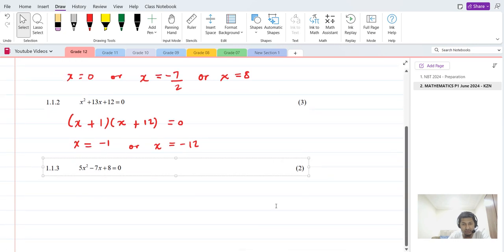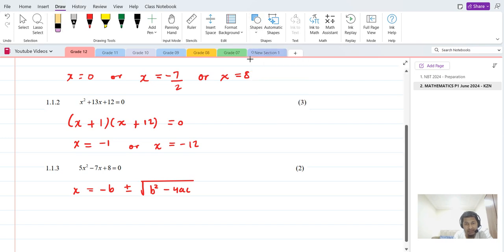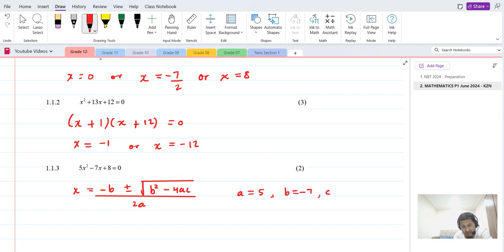Let's check. What we're going to write is delta equals, and work out x equals, using the quadratic formula: plus minus the square root of b squared minus 4ac, divided by 2 times a. We know the value of a is 5, the value of b is minus 7, and the value of c is equal to 8.